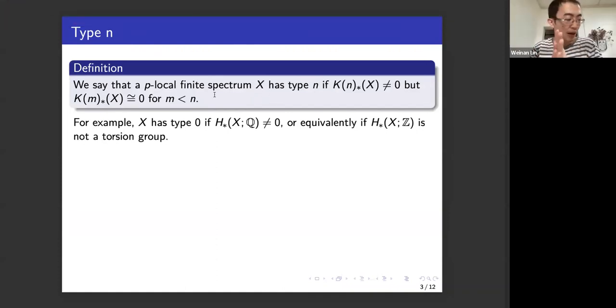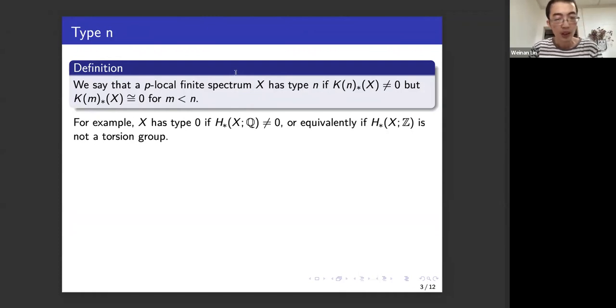So I want to say something about the self map. I think that's kind of the motivation of all these things. For people who haven't seen this material, they might be confused about why we care about all this type N thing.